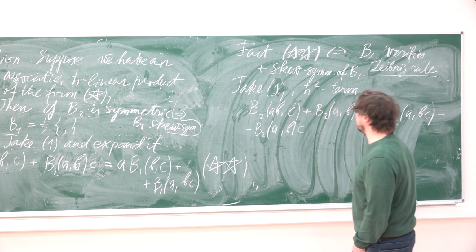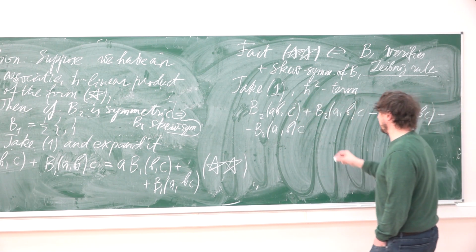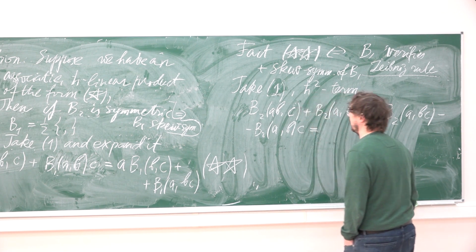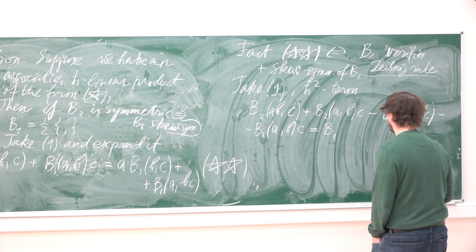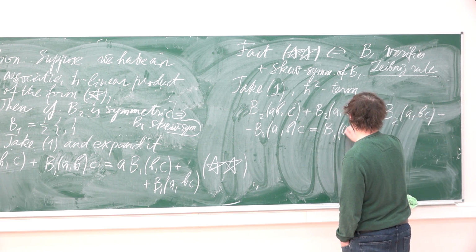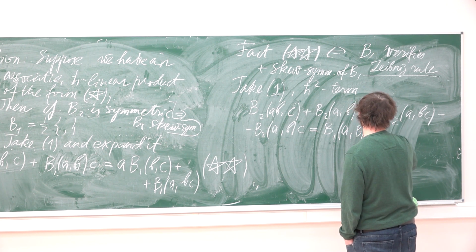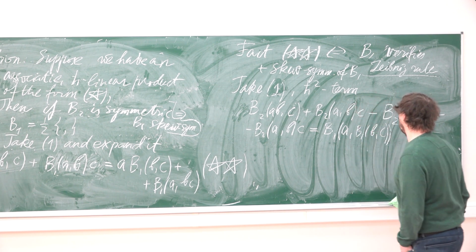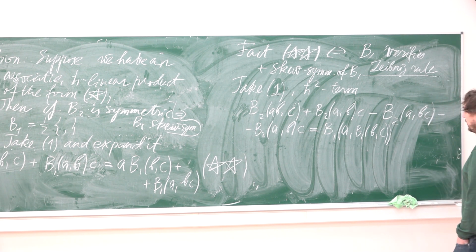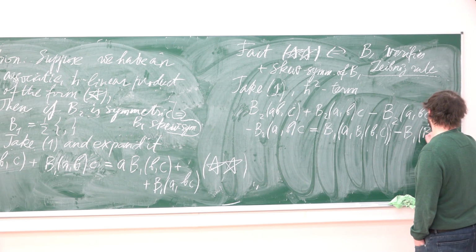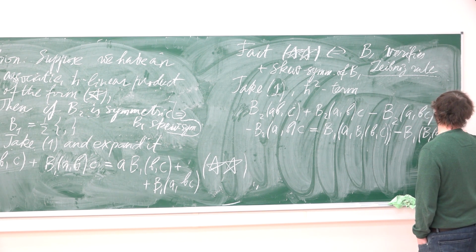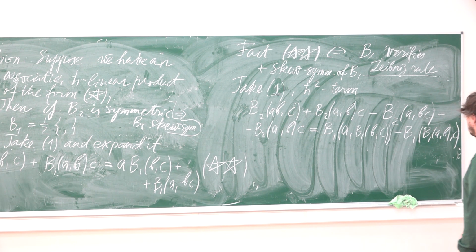So I moved all the terms with B2 to the left, and on the right I'll have all the terms with B1. And these terms are B1(A, B1(B, C)), right? And that's more or less it. Minus B1(B1(A, B), C). That's what I think it was, right?